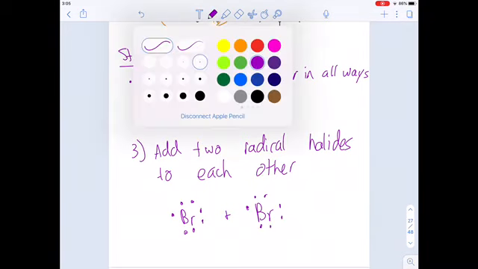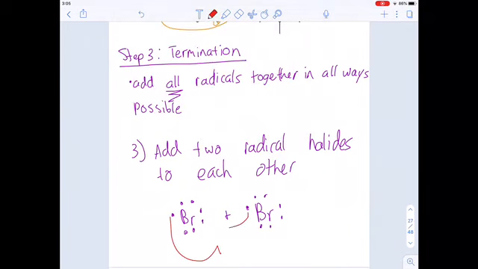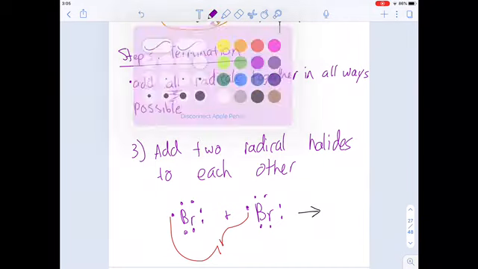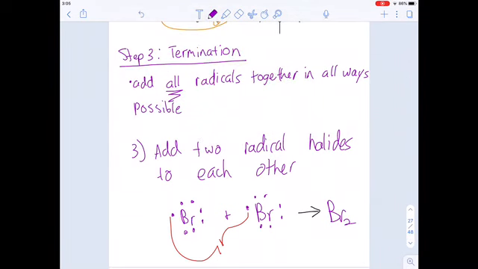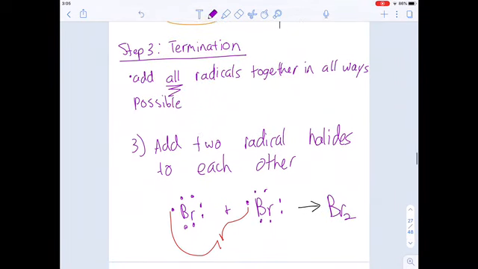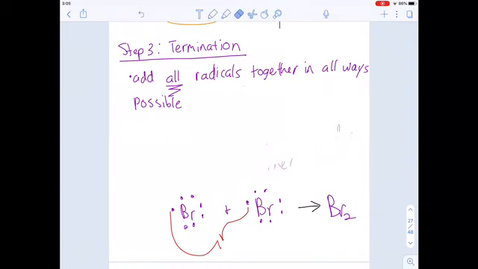So all you have to do is just add them together, and that will give you Br2.